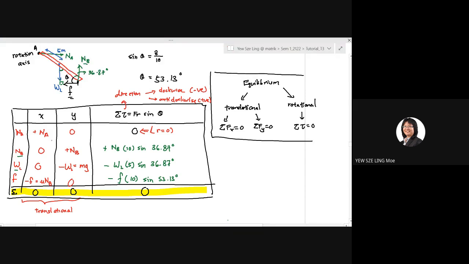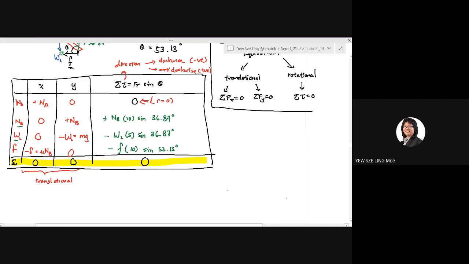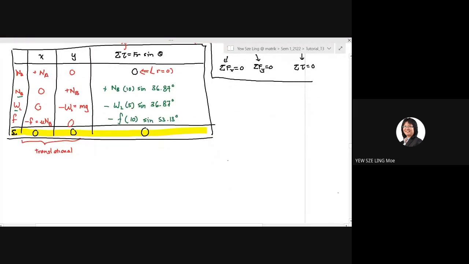So now I have the X component, the Y component, and the summation of torque. What am I going to do next? I'm going to form 3 equations based on the table. The first equation would be the summation of X. Summation Fx equals 0, according to this yellow highlighted value, and also because it is in equilibrium.